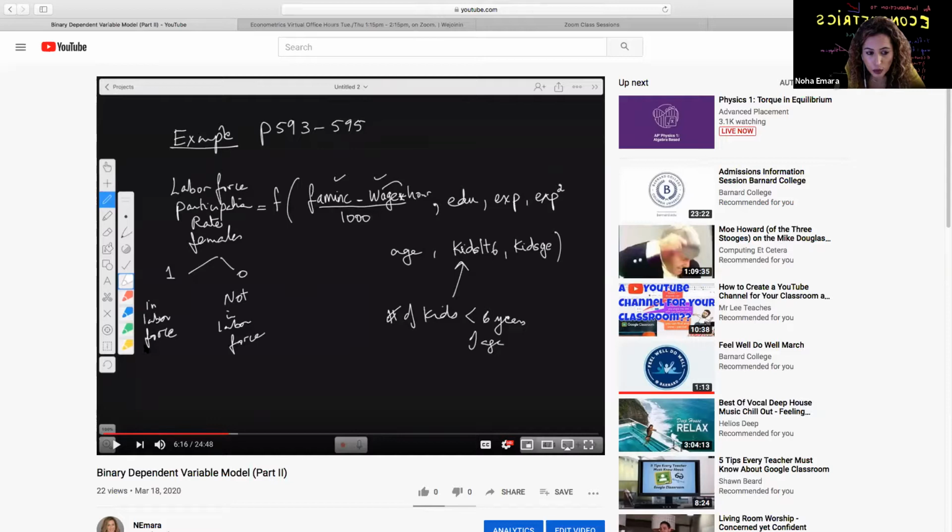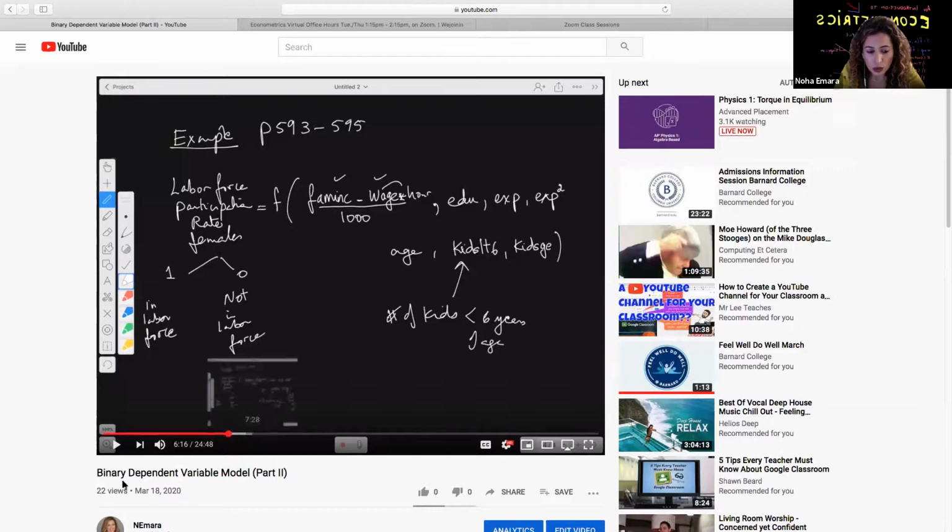The variable takes 1 if the female participates in the labor force, 0 if not, and there are so many factors affecting labor participation. We are focusing on the number of kids per female who are less than 6 years of age. We want to see if the female has an additional child in this age category, how it affects labor participation.